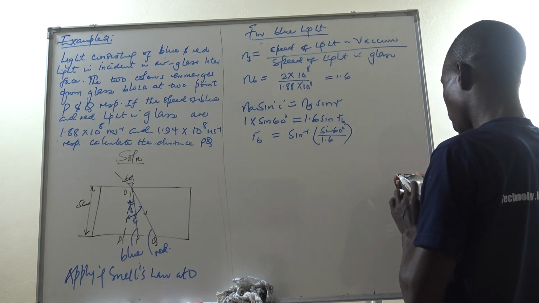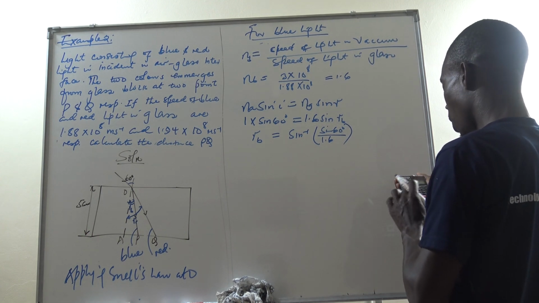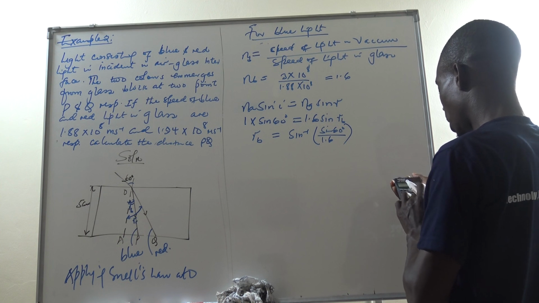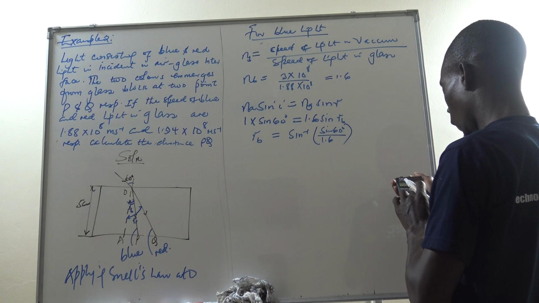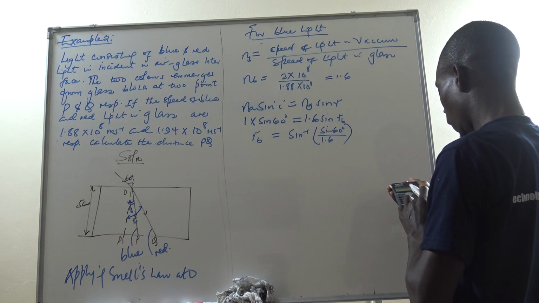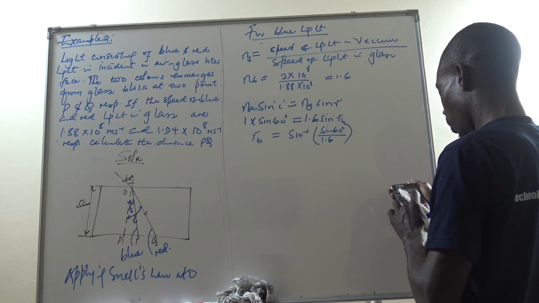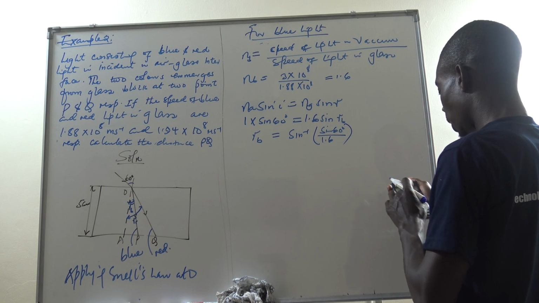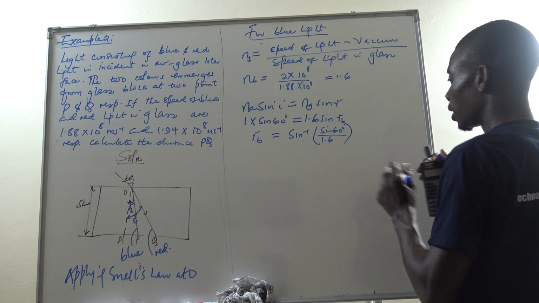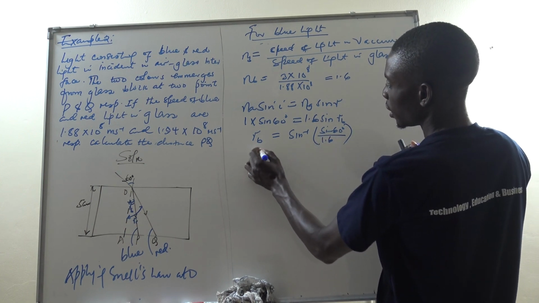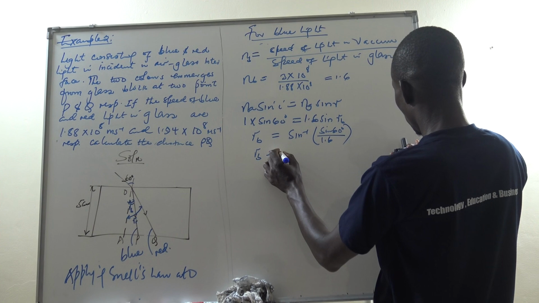Sine 60 divided by 1.6, then shift sine inverse of the answer.